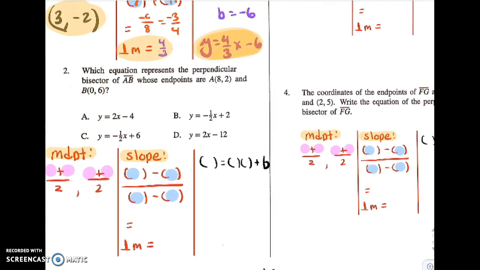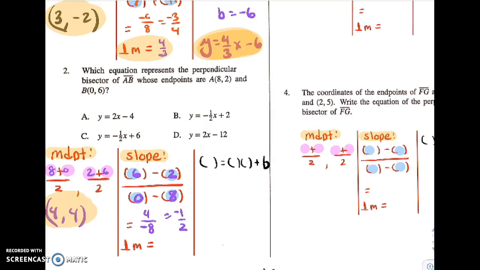Let's try number 2, same thing. The midpoint would be 8 plus 0 divided by 2, which is 4, and 2 plus 6, which is 8, divided by 2, which is also 4. There's my midpoint. The slope is my second y minus my first y, over my second x minus my first x. 6 minus 2 is 4, 0 minus 8 is -8.